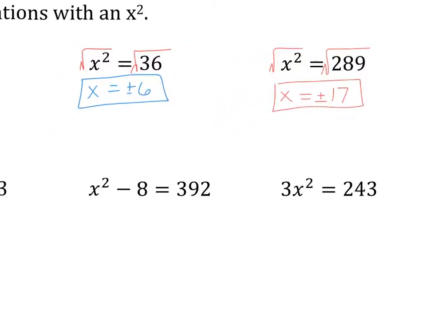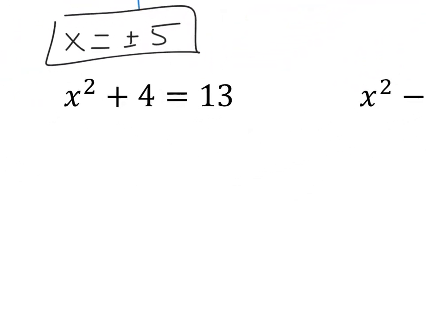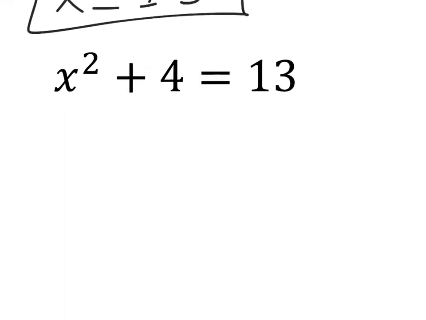Now we can also solve some equations that have squares in them, but are not alone, okay? This is similar to when we isolated the absolute value. If we want to get x squared isolated, all by itself, we would first subtract 4 on both sides for this problem.